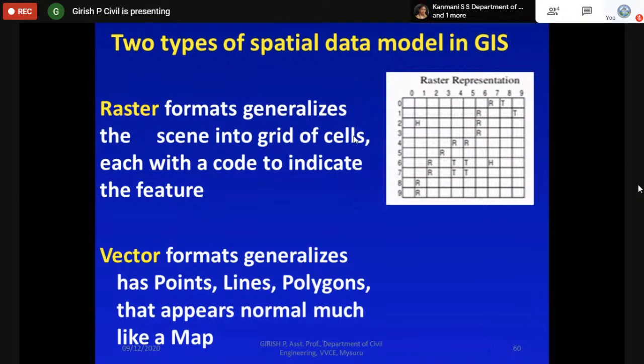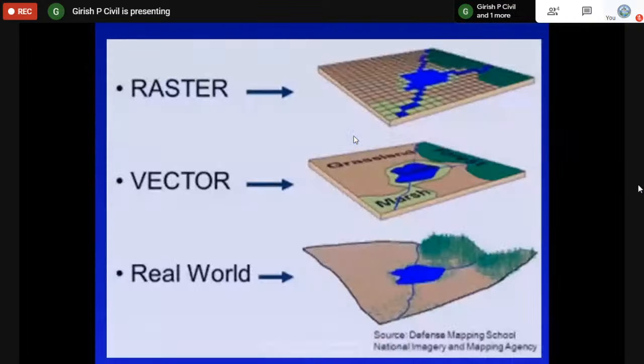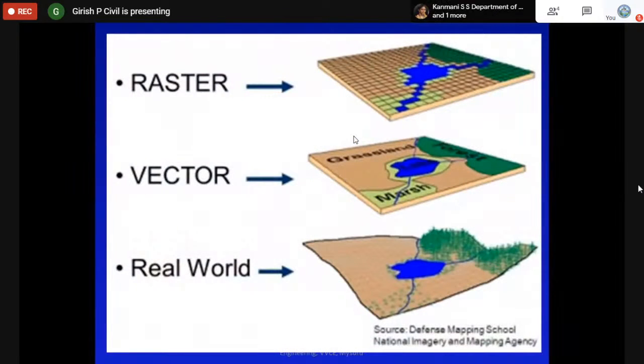Whatever the objects or entities, they are represented with grids only. We call this the raster format. And then the vector format always represents features in terms of a point, line, or polygon. The same thing that we represent in the raster in terms of a grid is represented here through points, lines, or polygons. This is another picture showing the representation of raster and vector data.